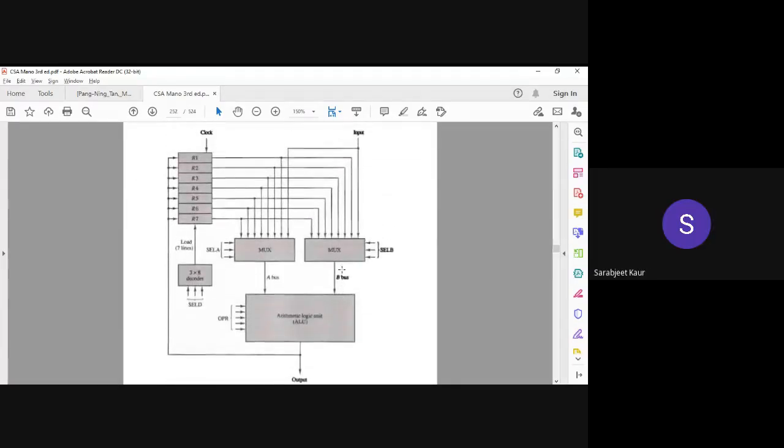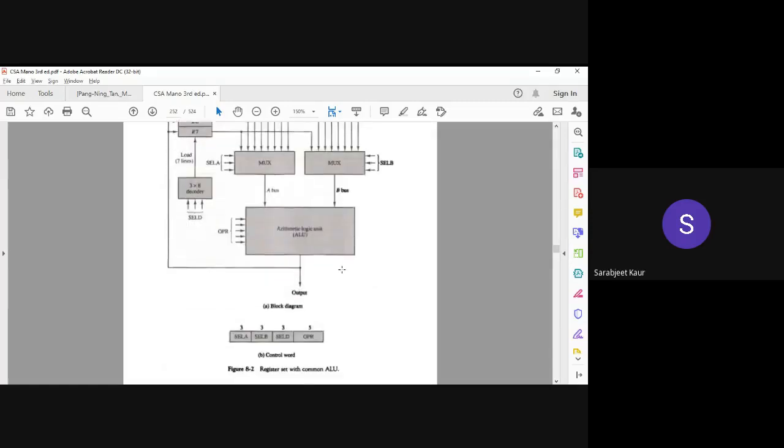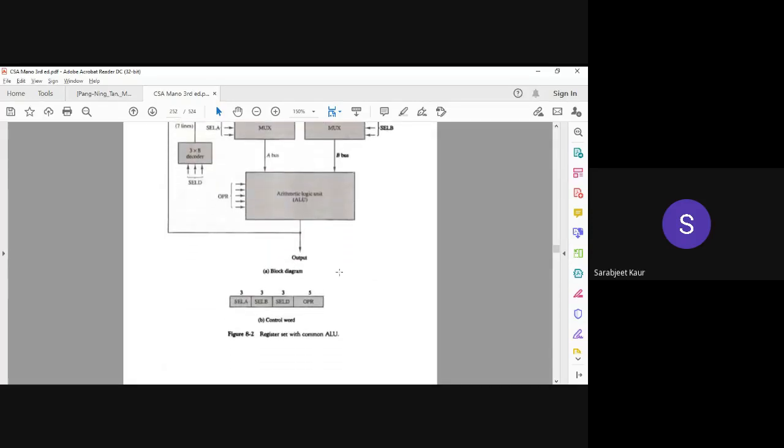Right. So please see this entire control signal, or actually we call it a control word. This entire control word consists of what?